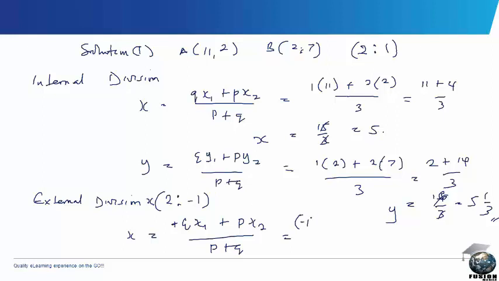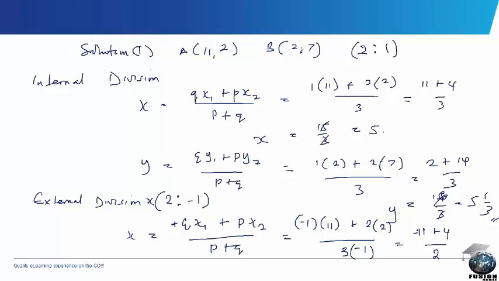So q here is minus 1, and then x1 is 11, p is 2 and x2 is 2, all over 3 times... minus 1. All right, and so we have this to be equal to minus 11 plus 4 all over 3 minus 1, which is 2.